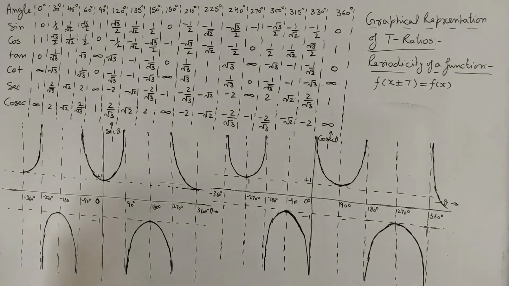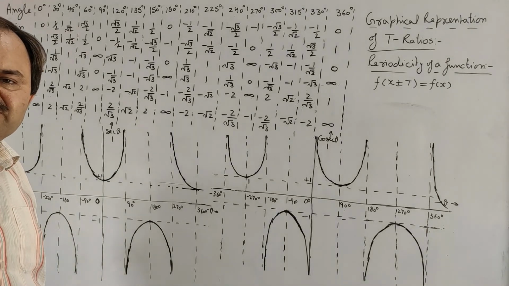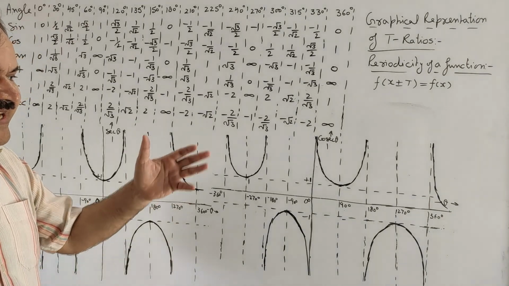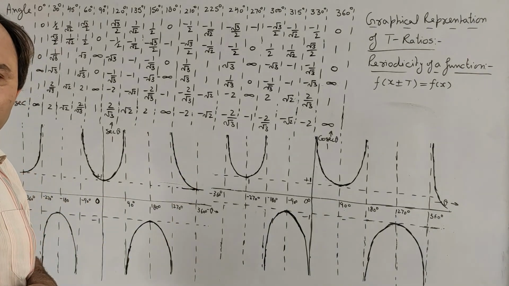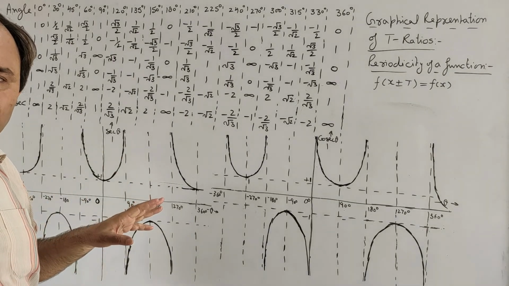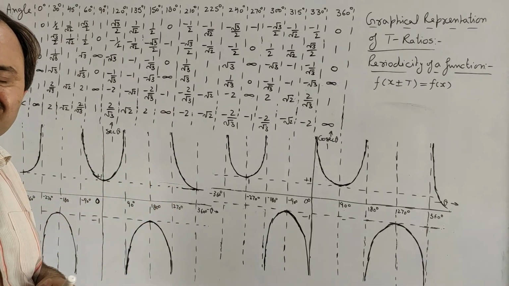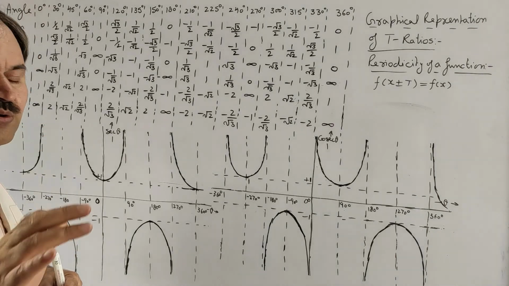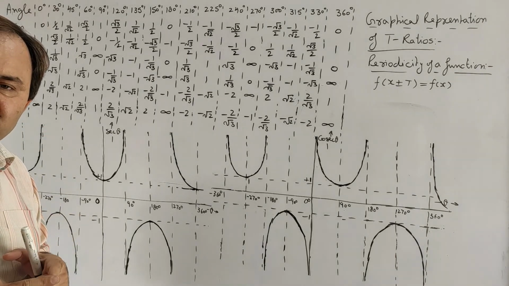From these graphs of trigonometric functions, we find that we can give any real value to angle theta. It means the domain of all trigonometric functions is all real values. Now what about the range?